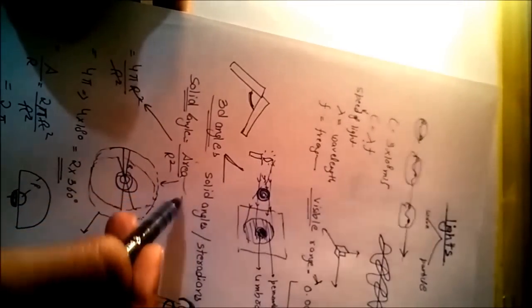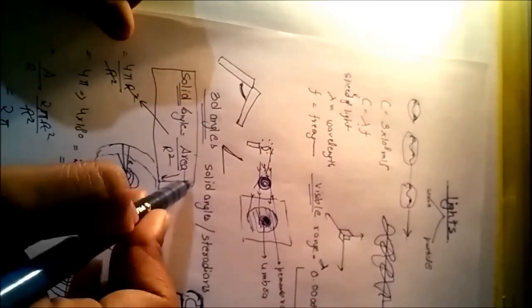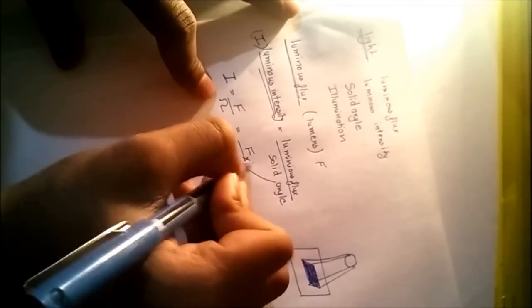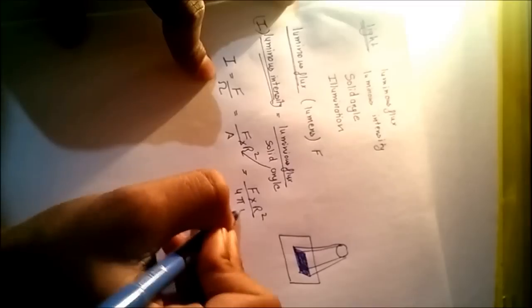Solid angle is area upon R square, so I is flux into R square upon area.